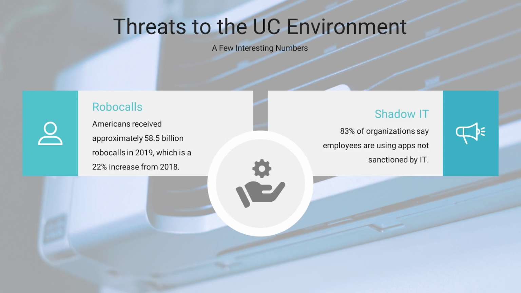Americans got around 58.5 billion robocalls in 2019, which is a 22% increase from 2018. Shadow IT. 83% of organizations say employees are using apps not approved by IT.